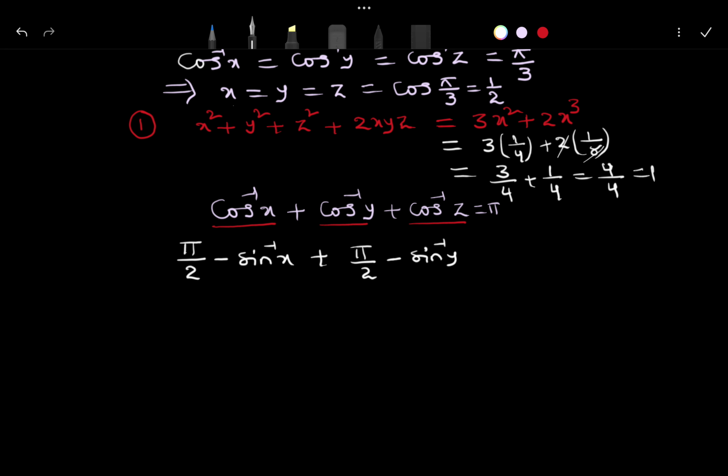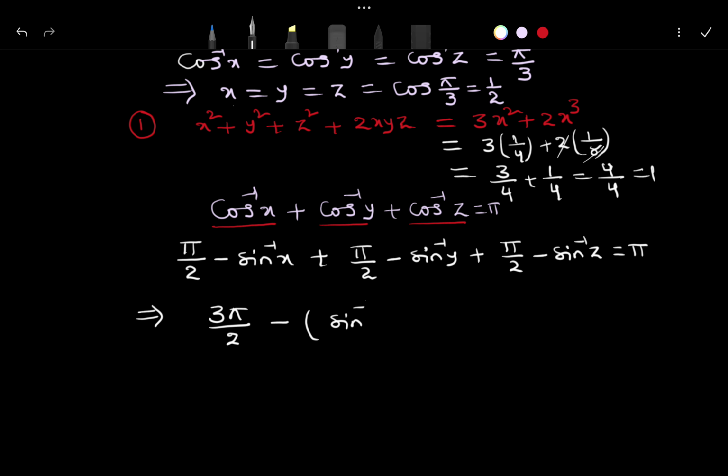Plus pi by 2 minus sine inverse of z is equal to pi. Now pi by 2 plus pi by 2 plus pi by 2 will be 3 pi by 2, minus sine inverse of x.